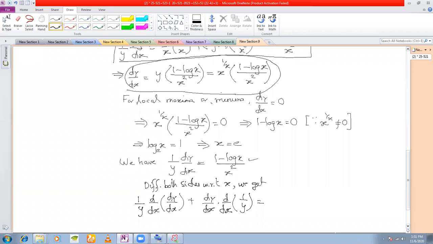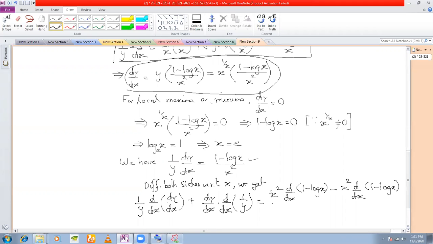now you can use a u by v rule here. If you use your u by v rule here, then what are you going to get? v d/dx of u minus u d/dx of v, divided by v square, right?